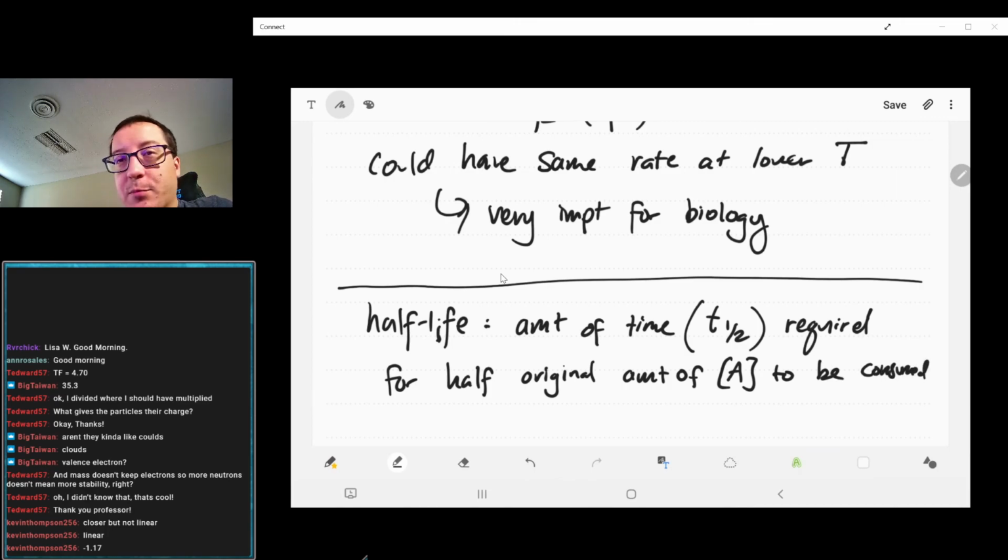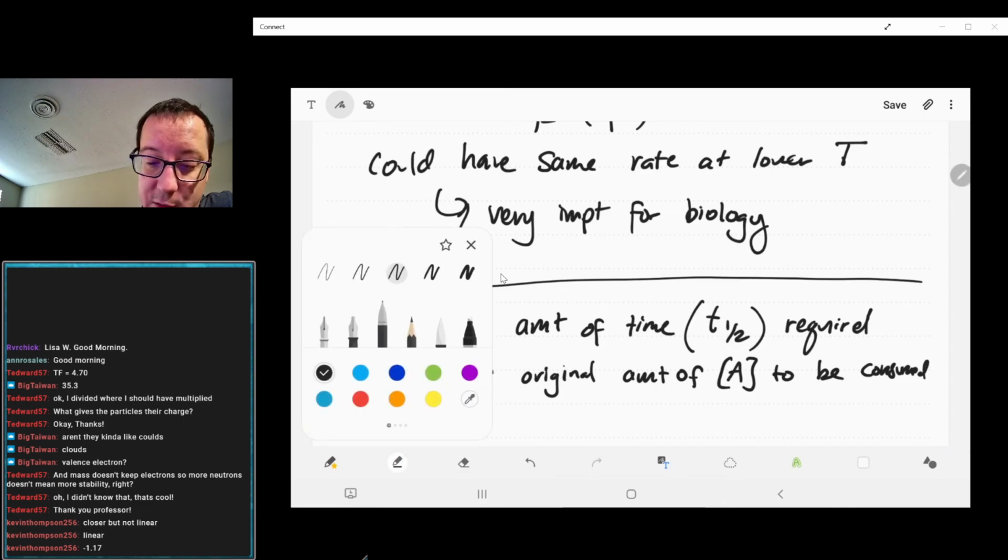So it's the point where, if you start with 15 molar of whatever, it's the time for you to reach 7.5. Very often, half-life will follow first-order kinetics.